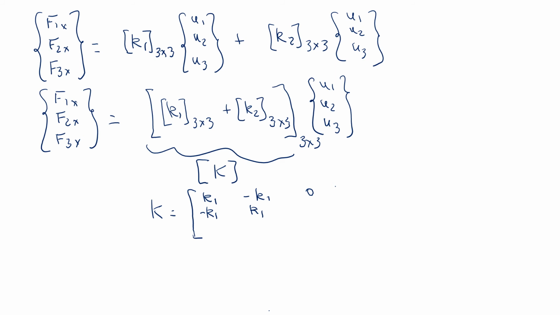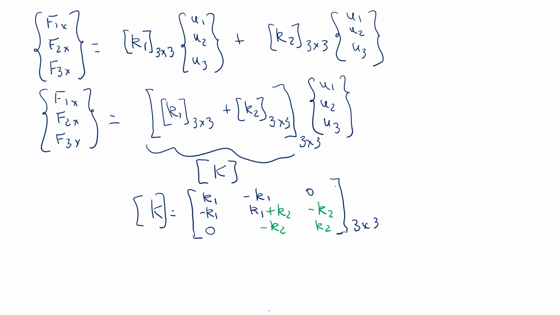So I'm going to have here a plus K2, a minus K2, a minus K2, and a plus K2. And of course here we are going to still have a 0. And this is my global or my total stiffness matrix K, that is a 3 by 3.